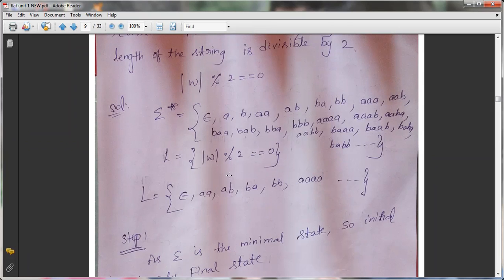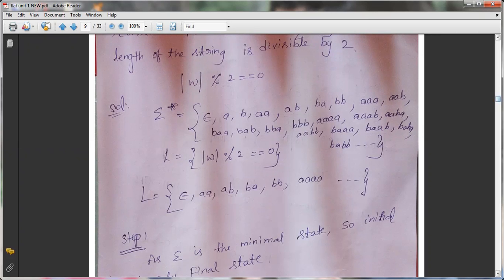We are not mentioning that the number of a's should be equal to the number of b's, or any other condition. It should be divisible by 2. So the language is epsilon, aa, ab, ba, bb, and so on. All this is the language here.